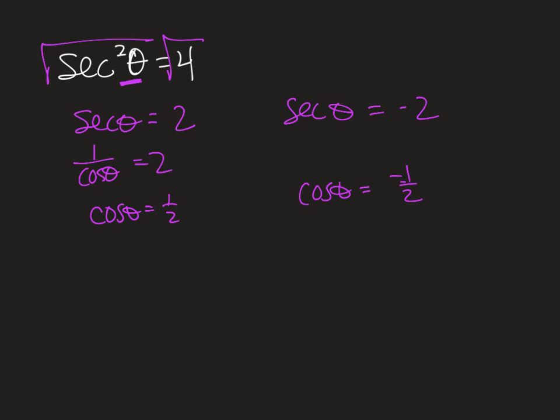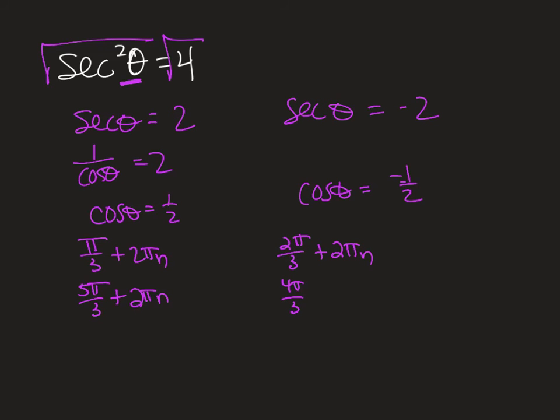so from positive 1/2, we've got pi over 3 and 5 pi over 3. And of course, we would add our 2 pi n, or write plus minus, and remember you can use n or k, it doesn't matter. And then 2 pi over 3 and 4 pi over 3 would give us the negative 1/2.